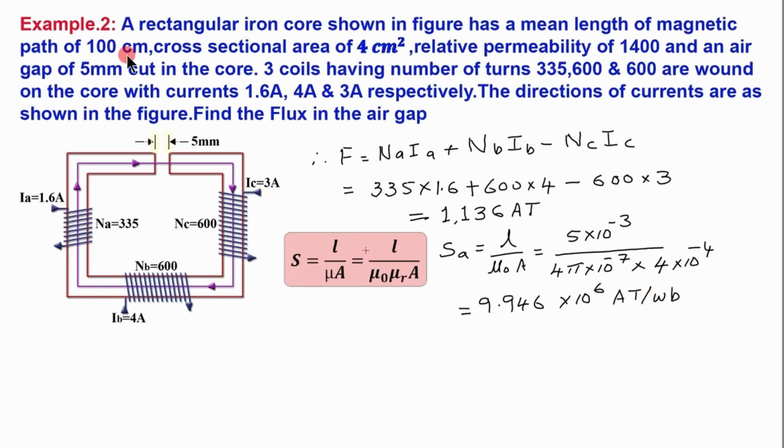The mean length is given as 100 cm. Therefore, length of this iron path will be 100 minus this 5 mm.